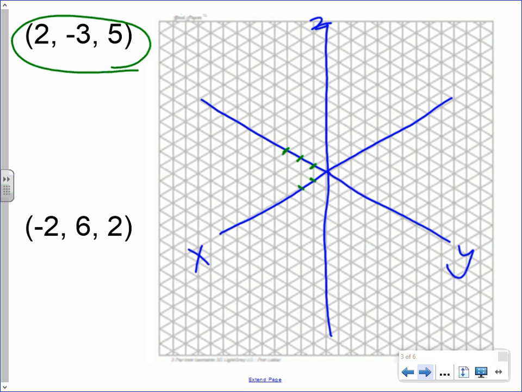And then I want you to make a parallelogram. Then, from that corner of the parallelogram, we're going to move up or down the z. So since we have a +5, we're going to move up 1, 2, 3, 4, 5 in that z direction, once again leaving that dust trail.